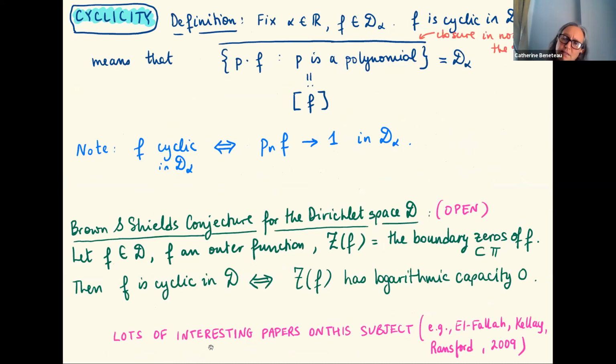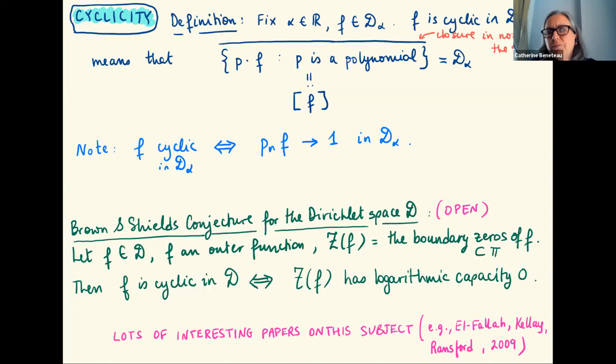Now, why did I become interested in them together with my co-authors, some of whom are here today, Connie Liao and Daniel Secco and Alan Sola and Alberto Condori, and I started talking about these a long time ago in 2011. We were really interested in cyclicity, and actually we were interested in this Brown and Shields conjecture, which perhaps Tom will mention tomorrow. So Tom already defined what it means for a function to be cyclic.